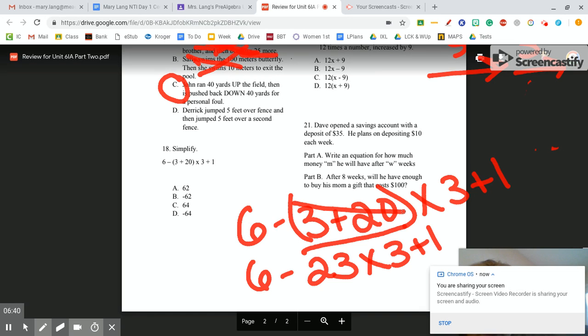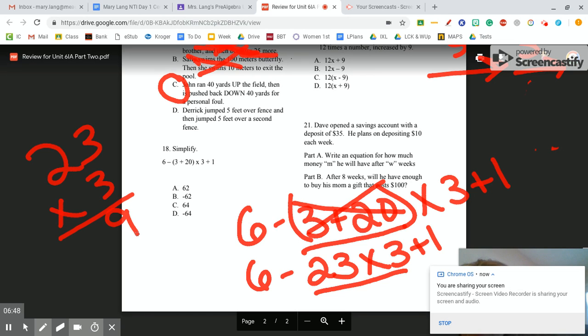So I did my parentheses. I don't have any exponents. Now I multiply. 23 times 3. That would be 9. That would be 6. So I don't think I can move up any. So this would now be 69.